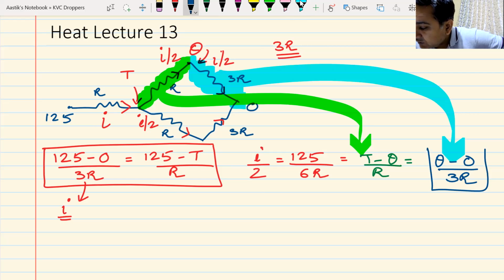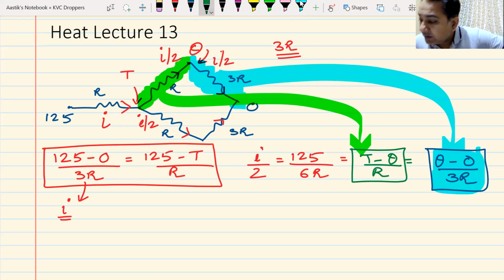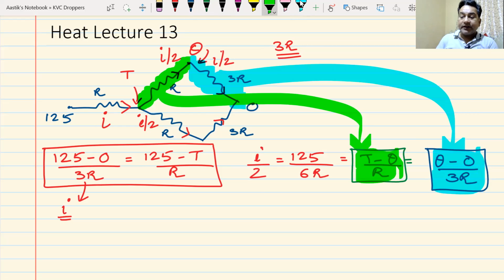So whether I write it the blue path way or the green path way, both will land up with the value of theta. In the green path, I will need the value of T. In the blue path, I do not need the value of T at all. Do we understand this? Can I have some raised hands that we understand this? It is important for me to know that you have understood this so that I can move ahead in life.